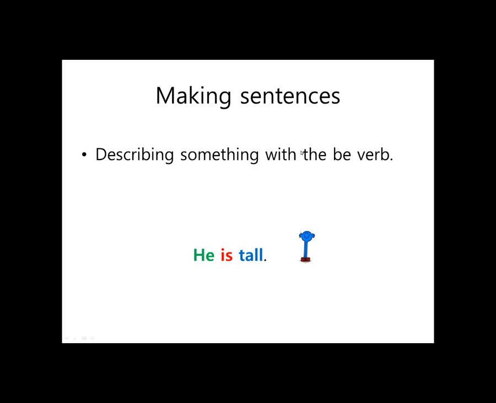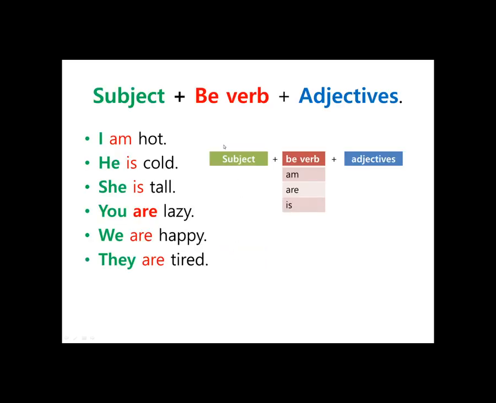Okay, so let's practice making some sentences using adjectives. Here's an example. He is tall. So we'll describe him, he, as tall. And we're going to use the be verb in the middle. These sentences are quite easy to make.